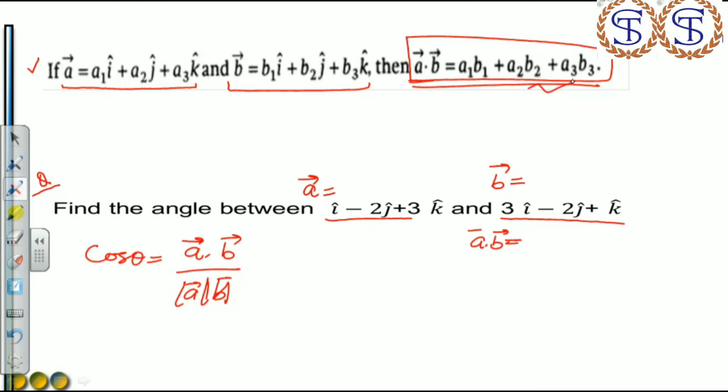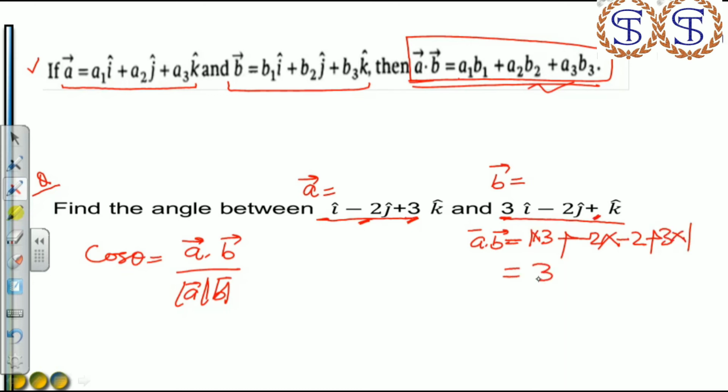Now, A dot B means A1 B1 plus A2 B2 plus A3 B3. It means 1 into 3, plus minus 2 into minus 2, plus 3 into 1.